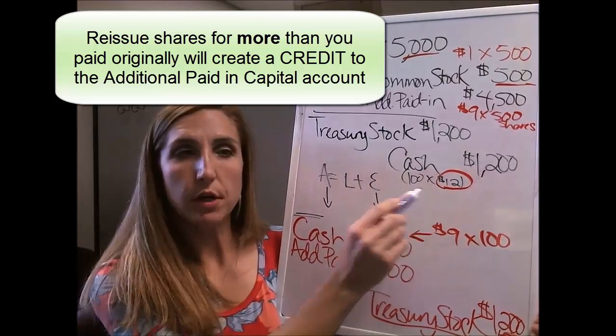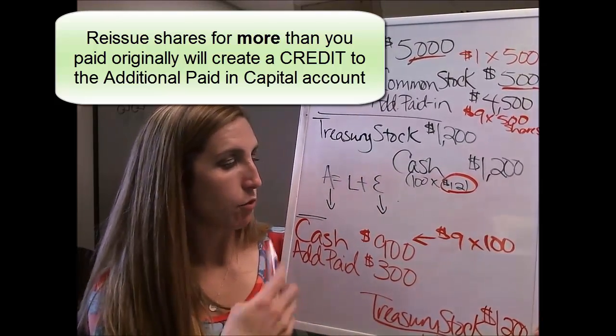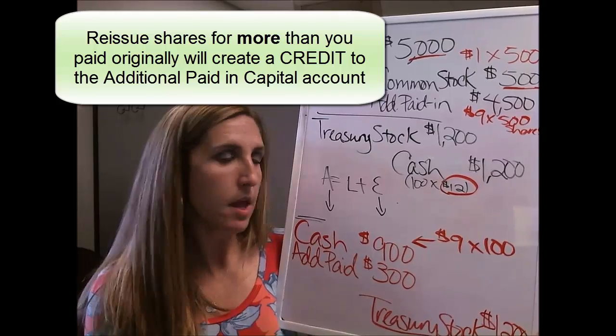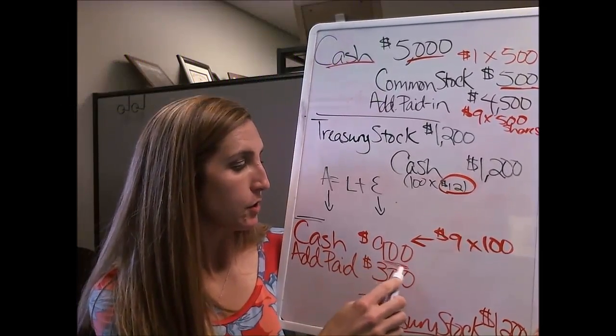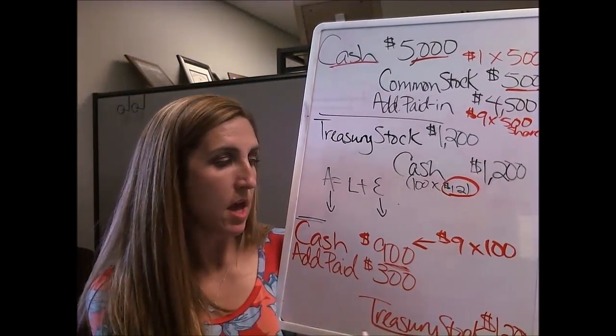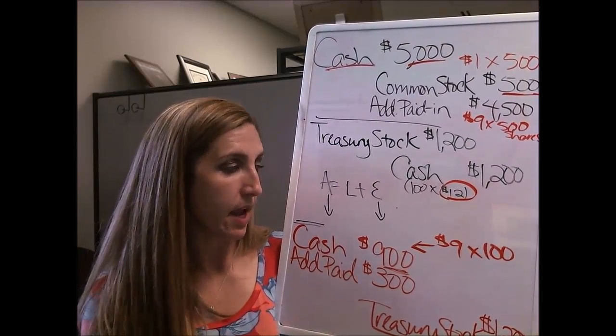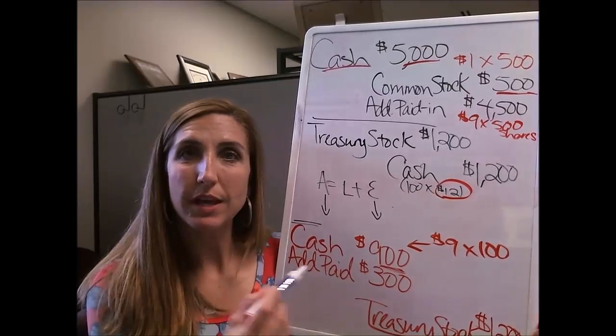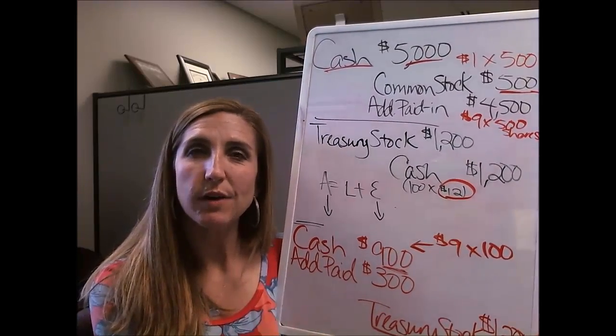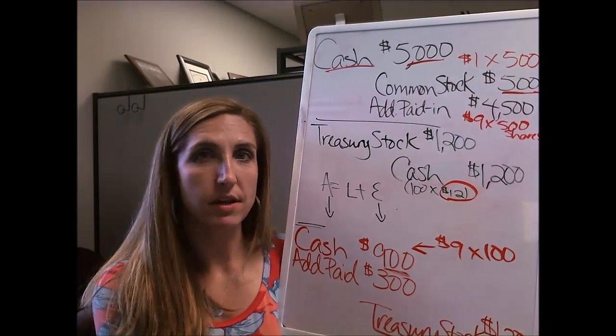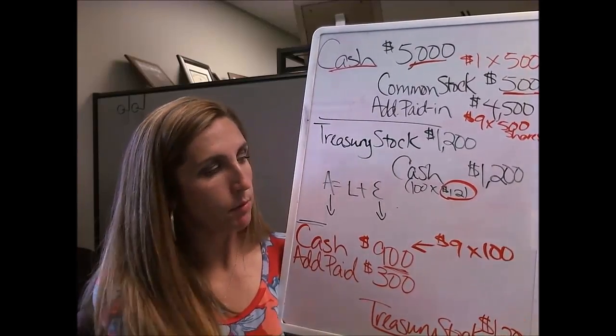See how we paid $12 for it? So when we resell it or reissue it is the way it's going to be worded. We're only going to get $9 per share, and that's how much cash we're going to receive. But the $1,200, the original value per share, has to come out of that account. Again, if we sold it for more, it would kind of be like a gain, and all your revenues and your gains go in as credits. So we would use that same account, but we would credit it.